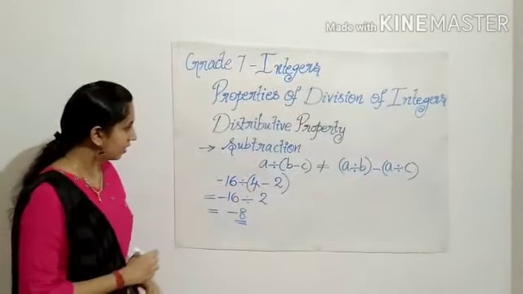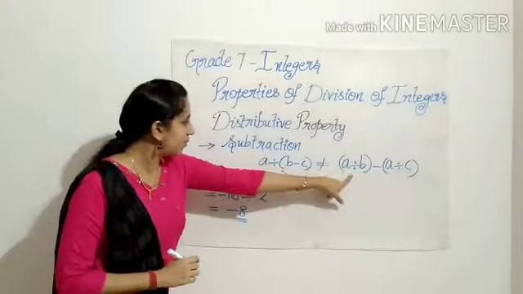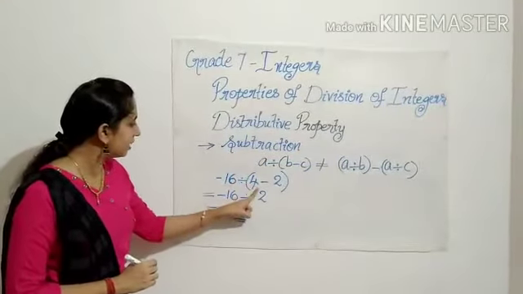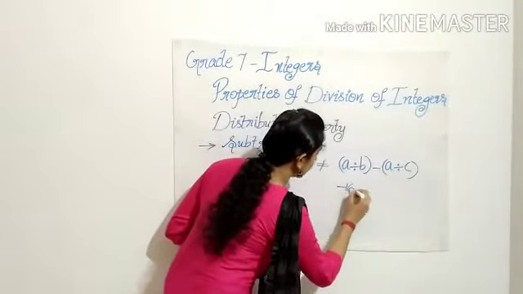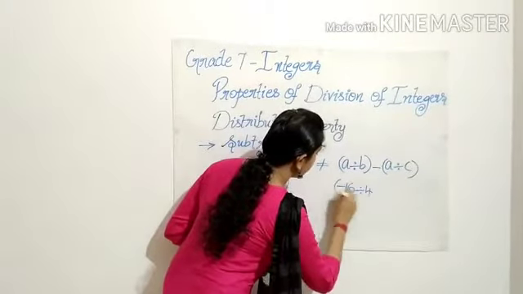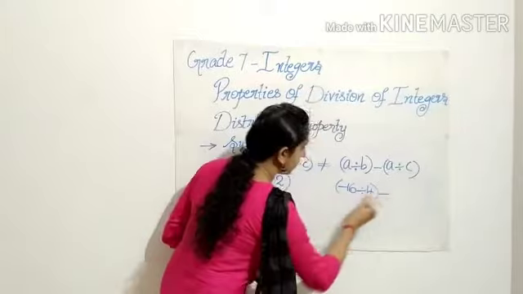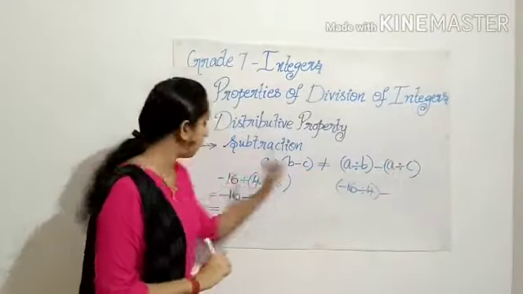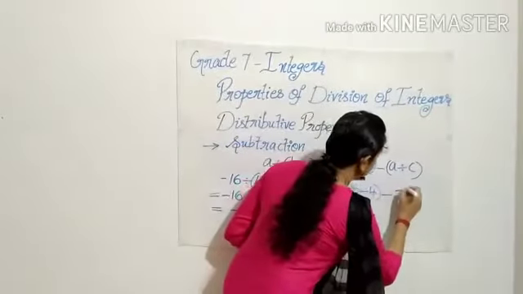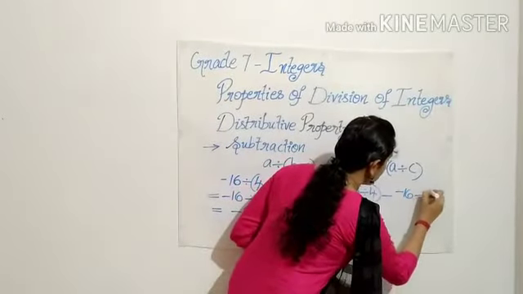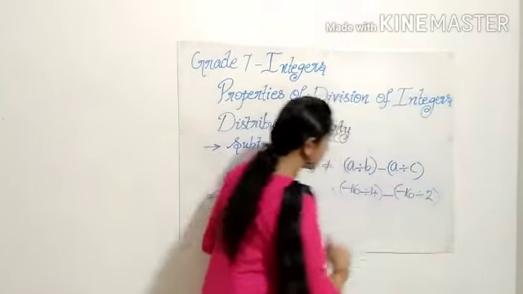Let's check the RHS part also. a divided by b means negative 16 divided by 4, minus a divided by c means negative 16 divided by 2. Let's check the answers.